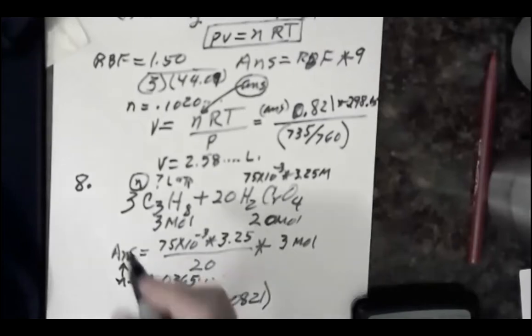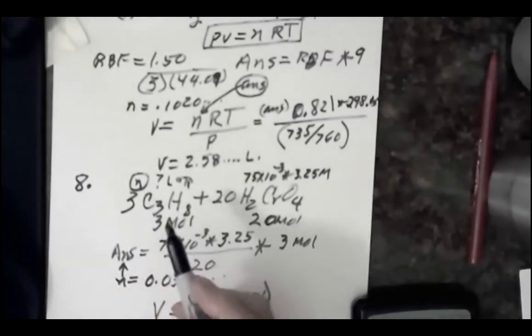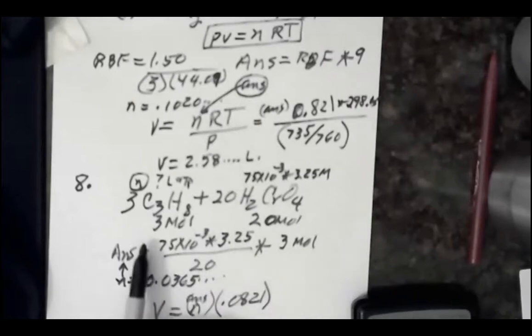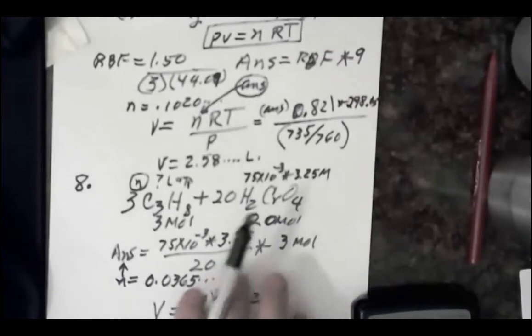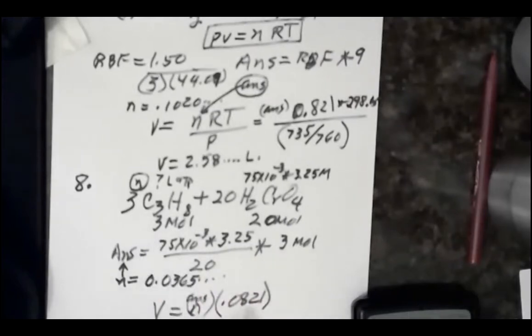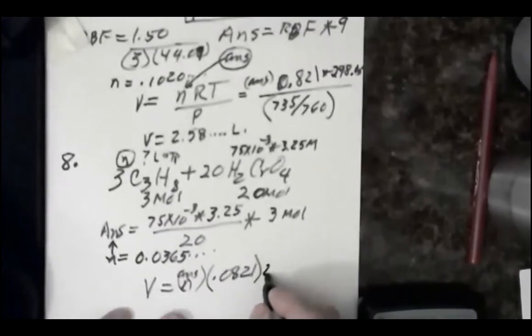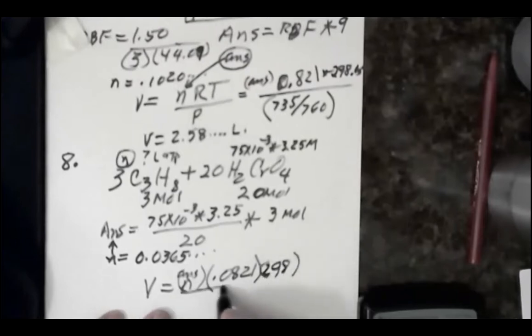Oh no, I better look back again. Number 8, 75 milliliters, that's correct. And I want the volume of that. Okay, that's going to be number of moles. I've got it set up right so far. And the temperature is 298. So that's nRT over the P, and the pressure is 735 divided by 760.